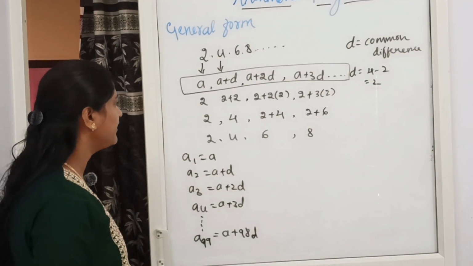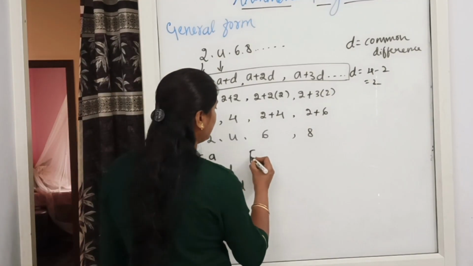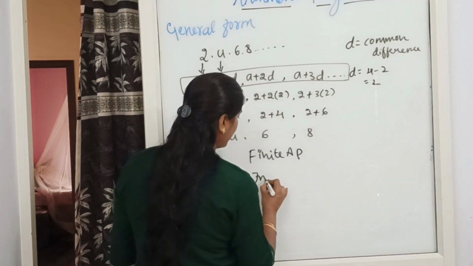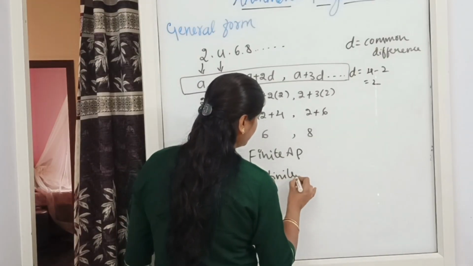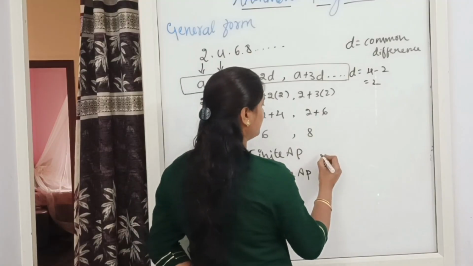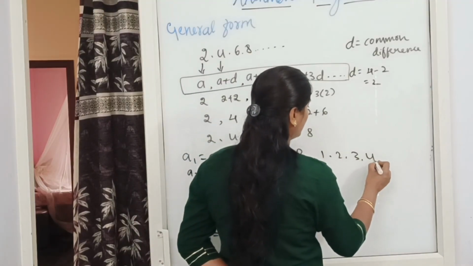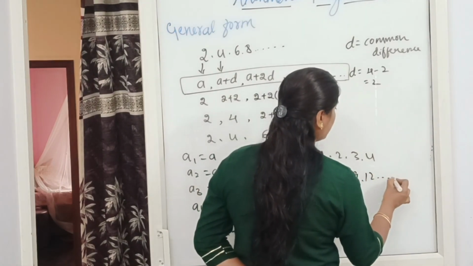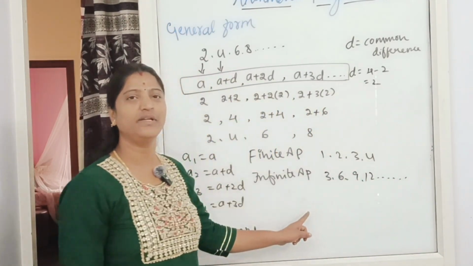Next, one more thing we need to understand, finite AP and infinite AP. So what does it mean? Finite AP means, for example, 1, 2, 3, 4, and infinite means you can write 3, 6, 9, 12 and it continues. By saying this only you can judge.